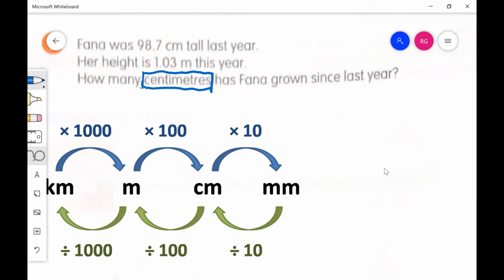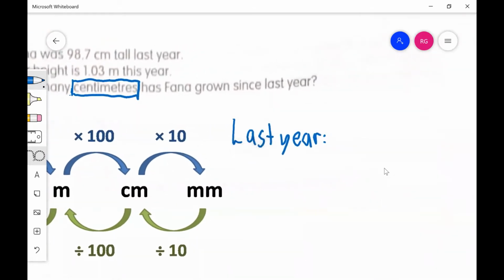Okay, I have last year. So last year was 98.7 centimeters. Do I need to change that first or the other one? The other one. Yes, I need to change 1.03 meters and go to centimeters.